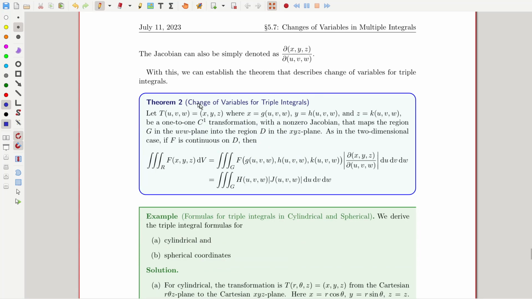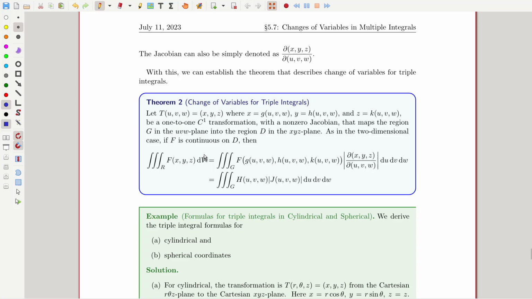Then we have an analogous version of the change of variables formula for triple integrals. This is similar to the one we had for double integrals. So again, we assume that this transformation T is 1 to 1 and C1, with additional kinds of assumptions. And the point is that we would have this integral of the function f over some region R that is complicated in the xyz plane.